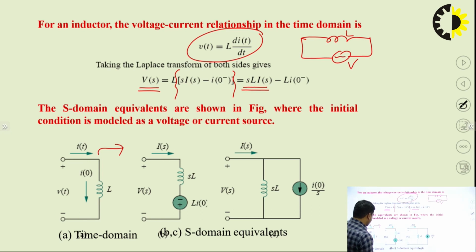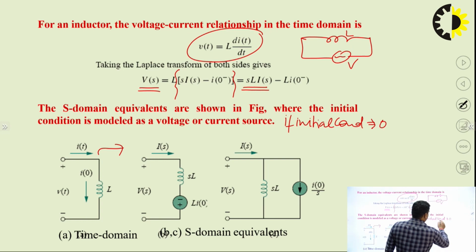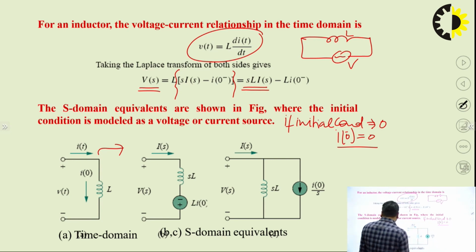You can see that if the initial conditions are 0, then i(0-) equals 0. If it is not zero, then we have to take this L i(0-); it is a voltage source actually.